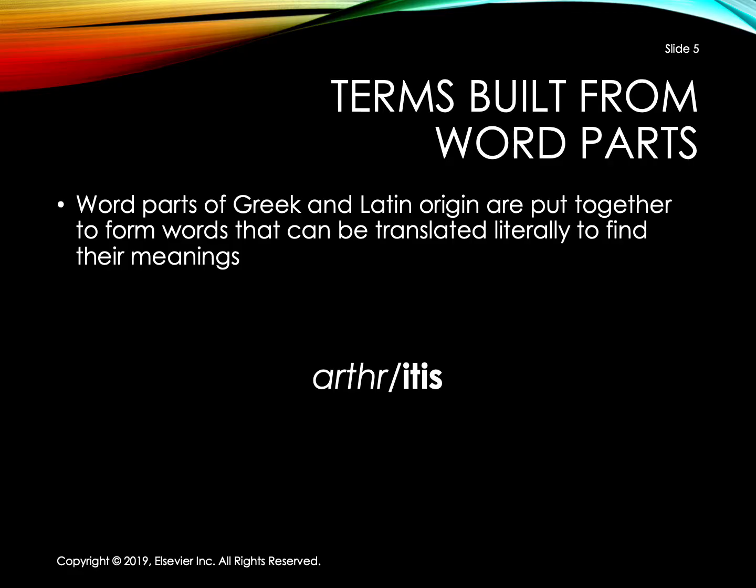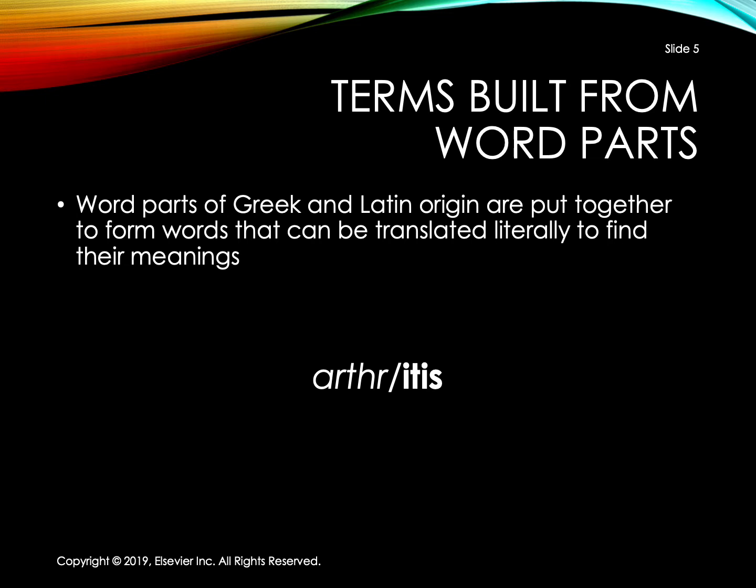Okay, so let's dig into this. Now, medical terminology, like I said, is kind of a building block language. Terms are built from various word parts. Like we said, Greek and Latin origins are these words, and they can be translated literally into their meanings.